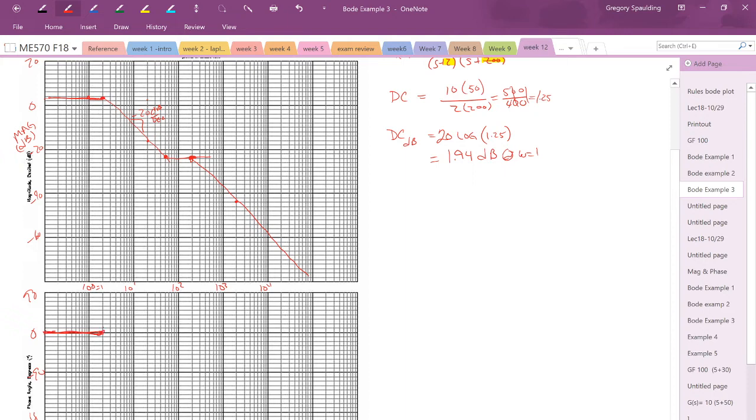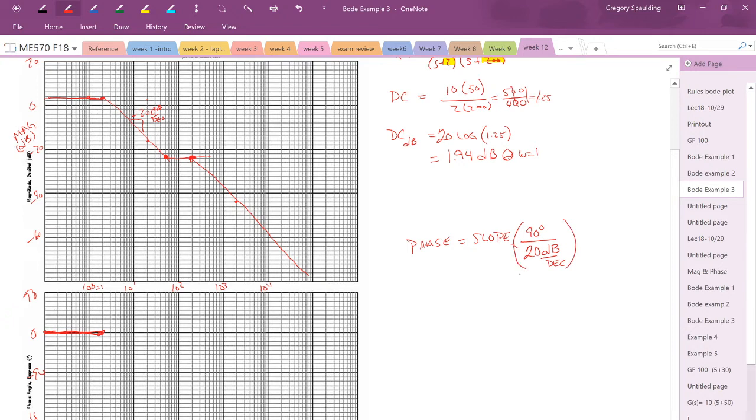And then we're going to have a shift of, and we can calculate this, the phase is equal to the slope of the line in the magnitude times 90 degrees per 20 dB per decade.